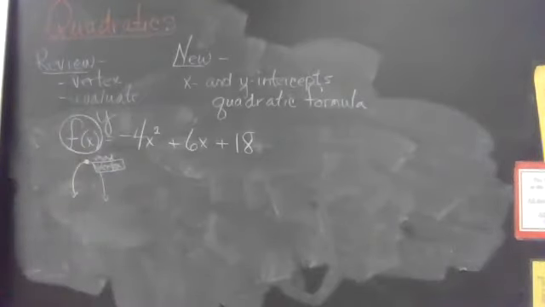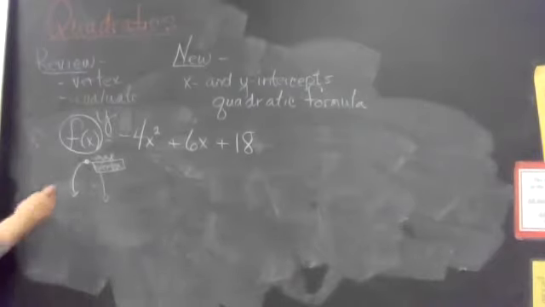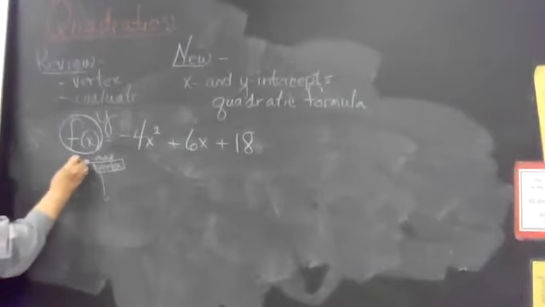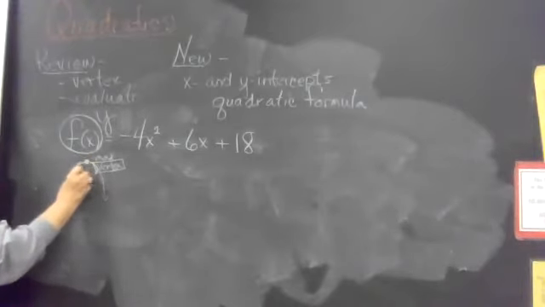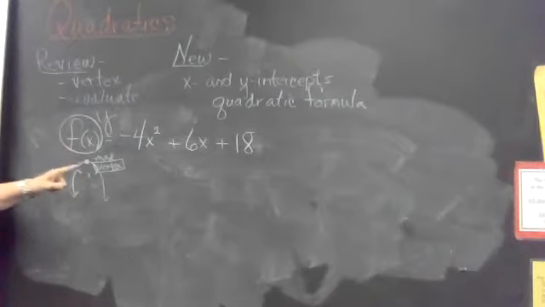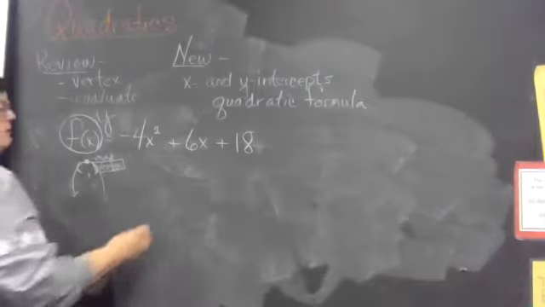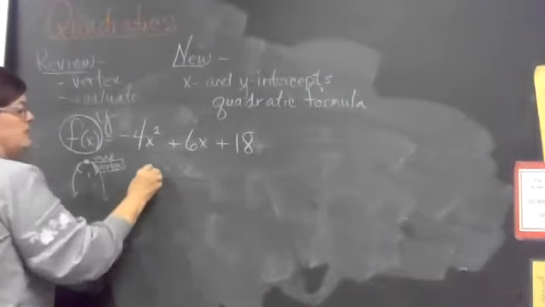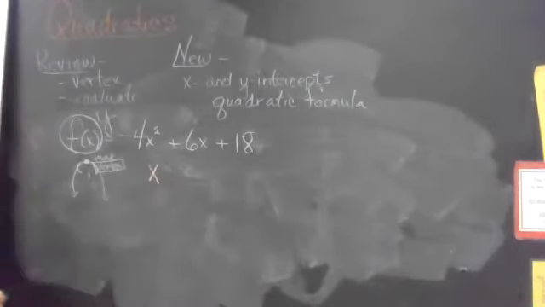You see? So now what we're going to do is find the coordinates. You know that if this is on a graph, it has to have an x and a y coordinate, right? So we're going to be finding 2 answers when we find our vertex. The first one we found out is to find the x part, and you do this first.